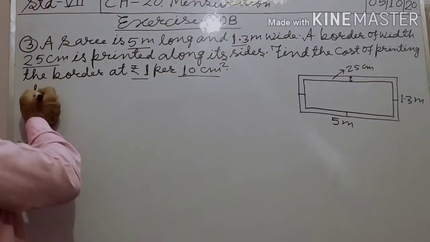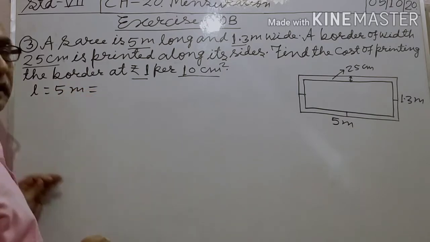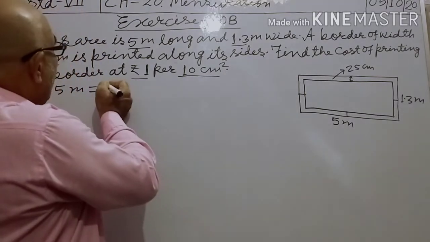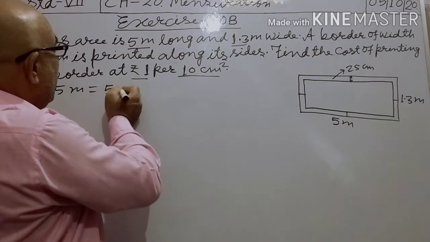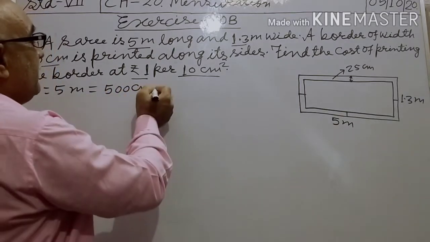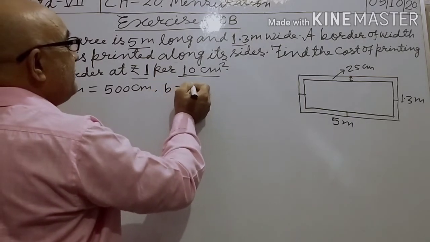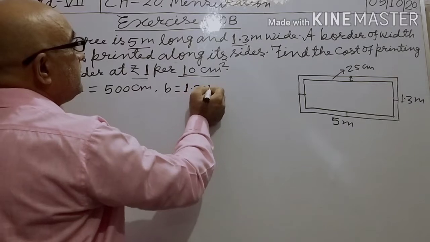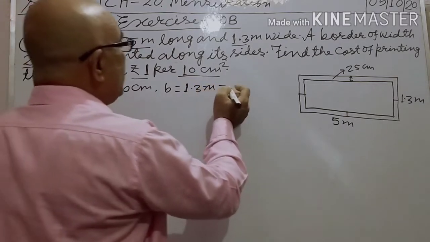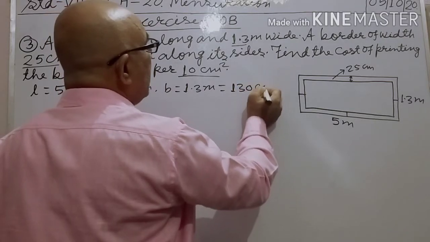Now length equal to 5 meter. Meter change into centimeter by multiplying by 100, so 500 centimeter. Breadth 1.3 meter change into centimeter, so 130 centimeter.